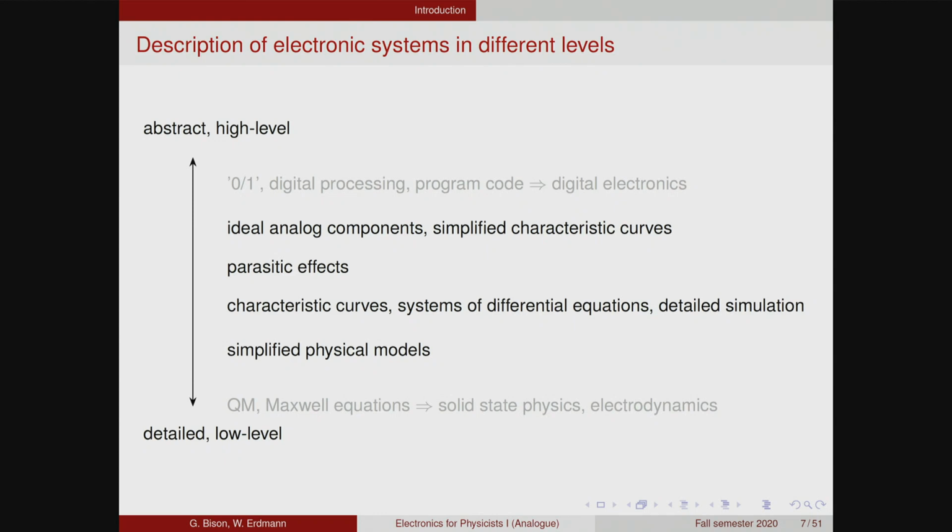And then from that, we can go to characteristic curves, systems of differential equations, and detailed simulations of electronic systems. So this will be covered. And if we then want to go even more into the depth, we can go to a simplified physical model of what's going on, for example, in a diode or a transistor.